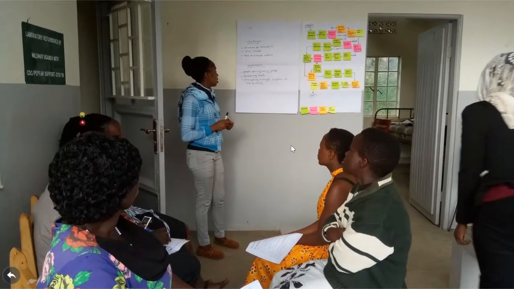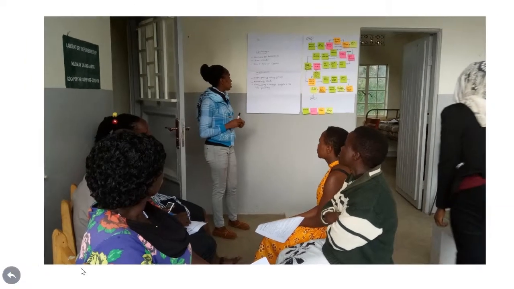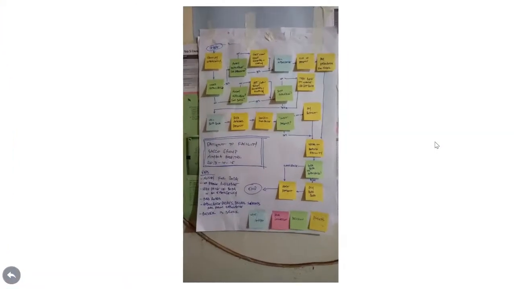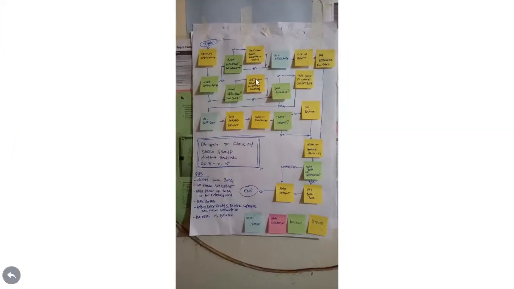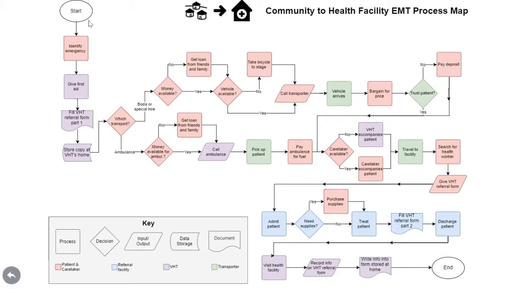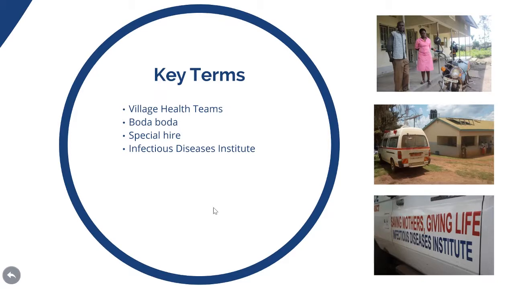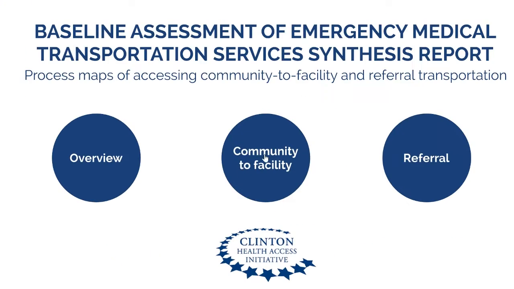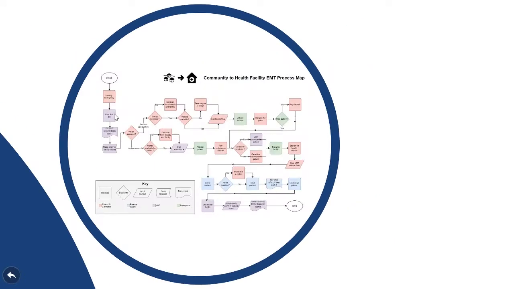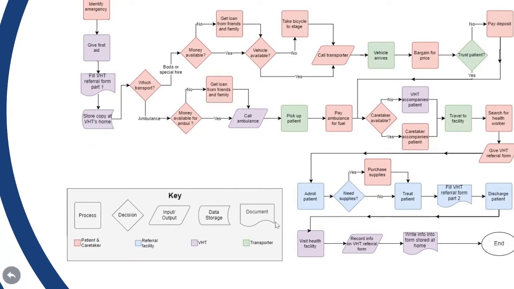So you see, we would start with this process where you have a facilitator who is meeting with the group. At the end, you would have something akin to this presentation right here. You'll notice that these are using sticky notes, in which the yellow are processes, the greens are decisions, the blues are input outputs, and the reds would be data storage, though none were recorded here.